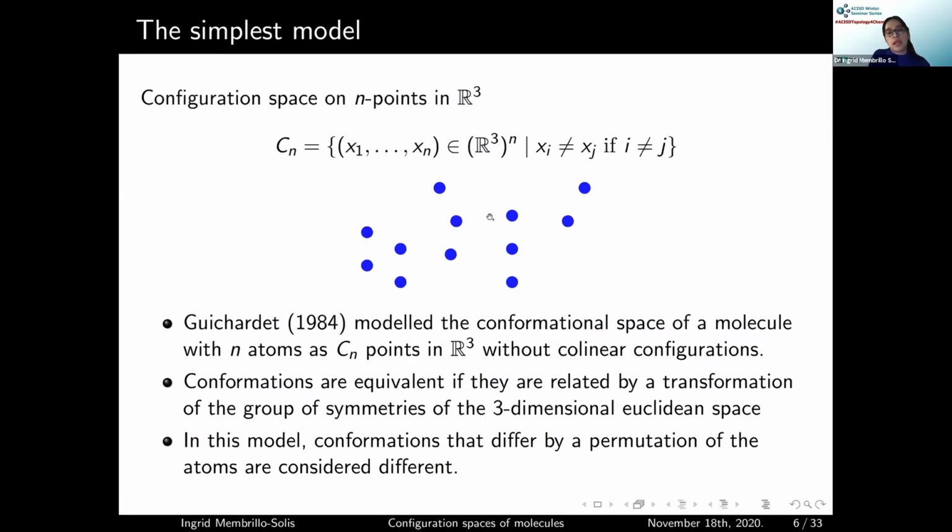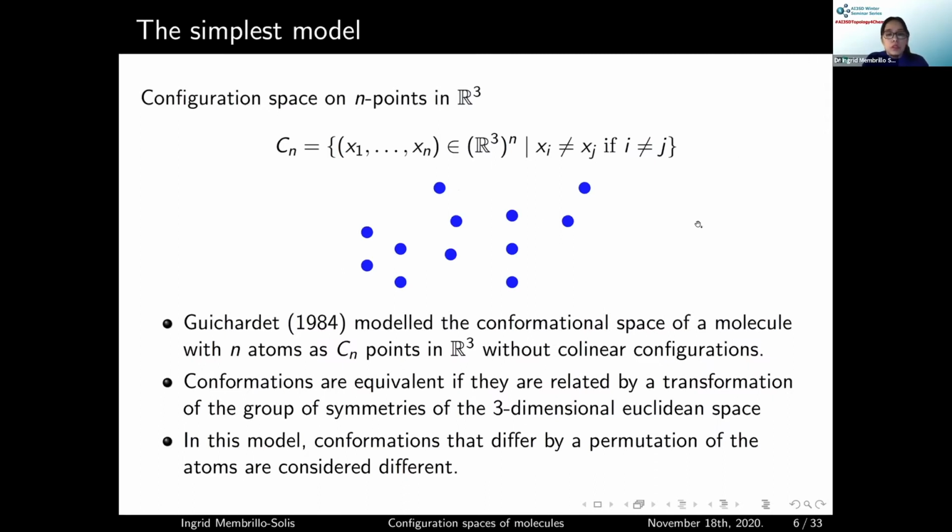In this figure, I have some atoms, and this represents a very simple model for a molecule. It's just these atoms or points, and they can live wherever, but the only condition is that they do not coincide in the same place. This was the model that Guichard adopted in 1984.